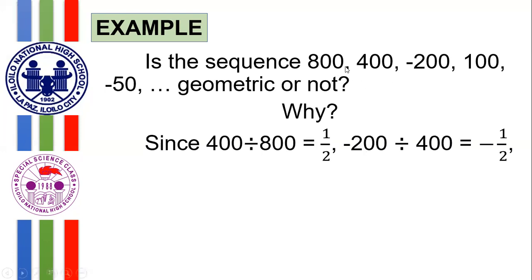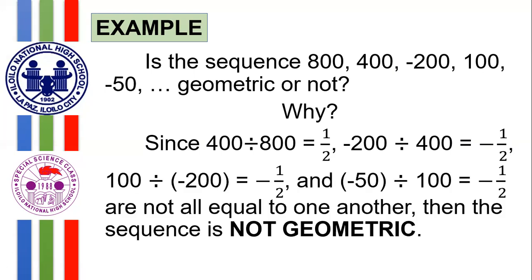If you could see, 400 divided by 800, or 400 over 800, it's 1/2. -200 divided by 400, that's -1/2. You could see that 1/2 and -1/2 are already different. And even without getting the other ratios, you can actually stop, because having two different values of ratios is already an enough indication that the sequence is not geometric. I hope it's clear.